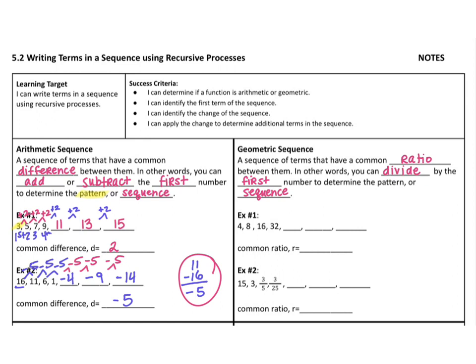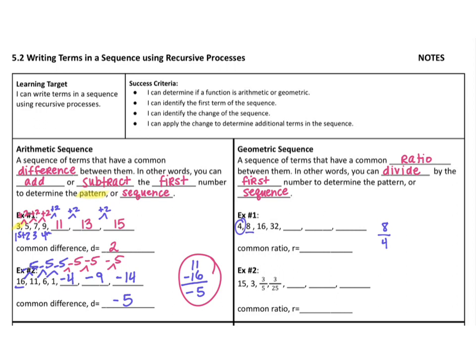So let's look at example number 1, where we have the pattern 4, 8, 16, 32. It's a common ratio, it's a geometric sequence. We're talking about multiplication and division here. And we can find that out by finding that first number, 4, and dividing our second number, 8, by that first number. So I'm going to look to divide 8 by 4.